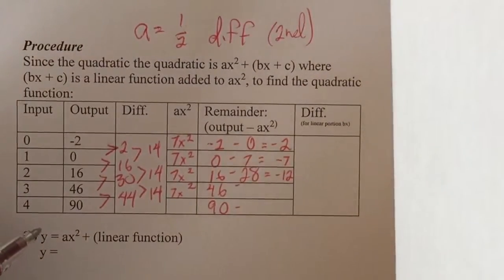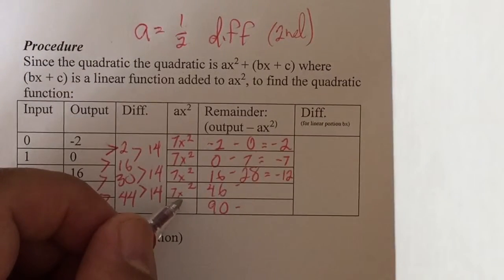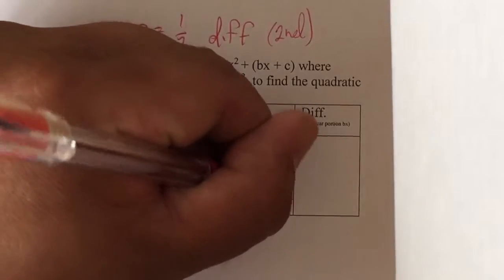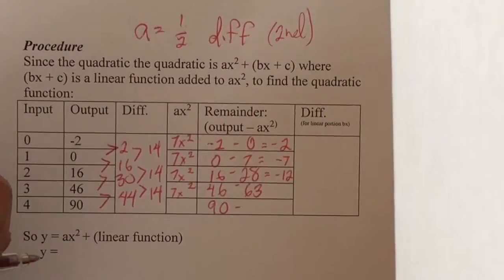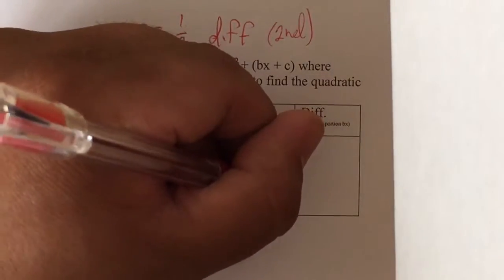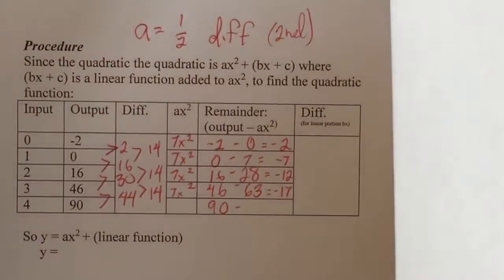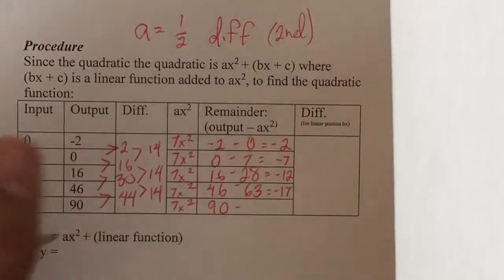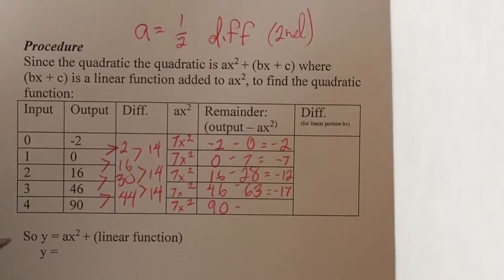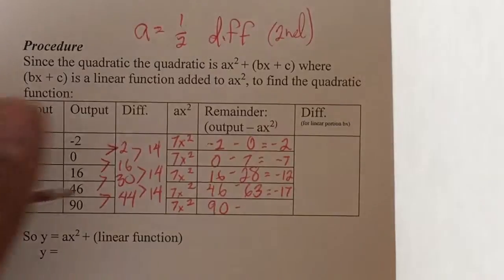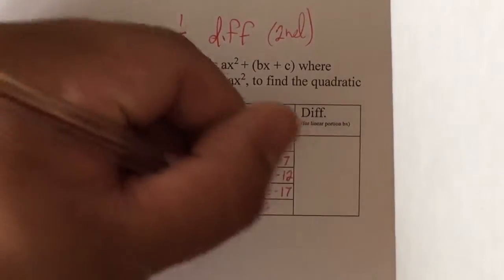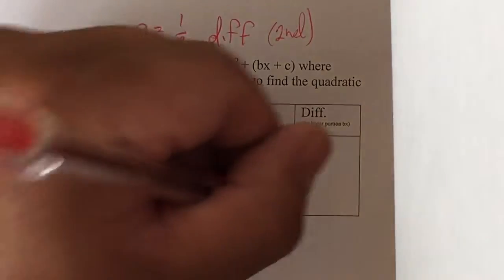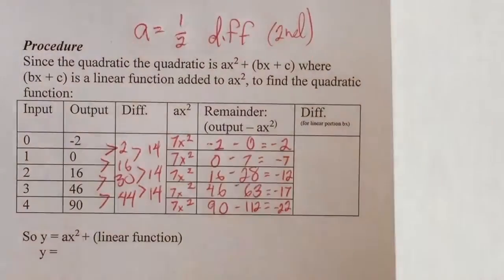Then 3 squared is 9. 9 times 7 is 63. And 46 minus 63 is -17. And 4, forgot to write this one there, 4 squared is 16 times 7 equals 112. And then 90 minus 112 is -22.